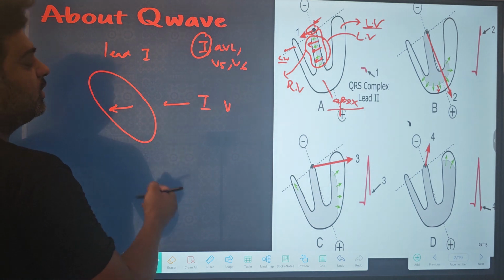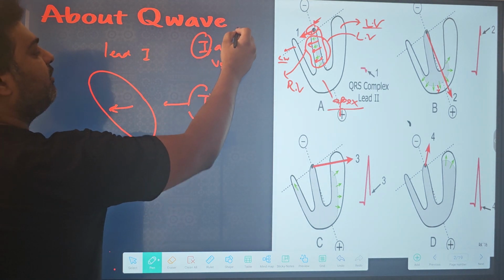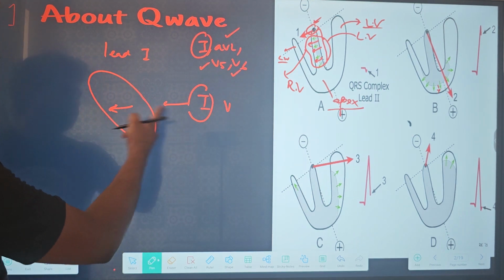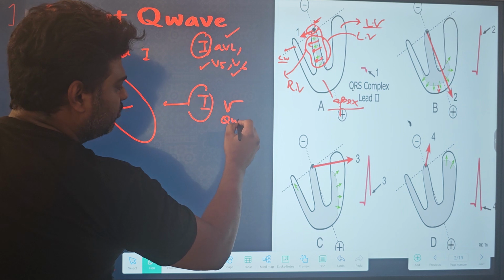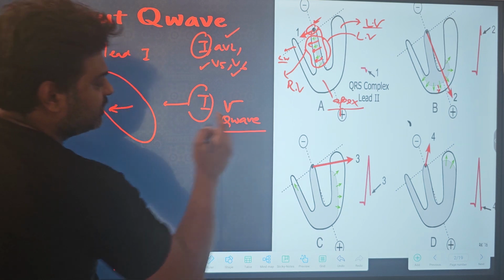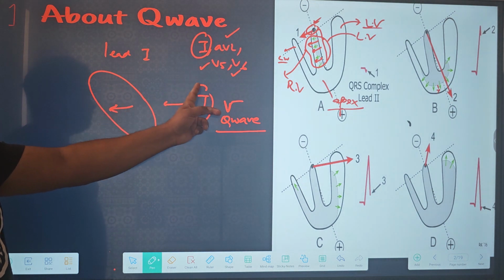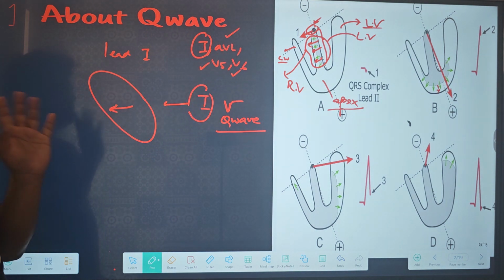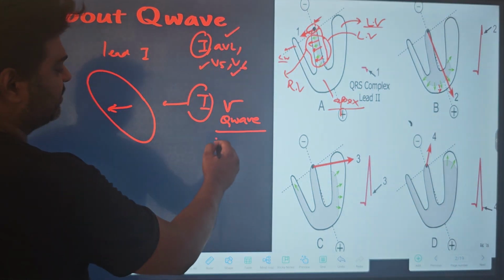So this septal depolarization is from left to the right side. So a negative deflection will be recorded by the lead 1, which is a lateral lead, and also in lead AVL, V5 and V6. So this will be a small negative deflection which will be known as Q wave. This is very important. So the cause of Q wave in lead 1, AVL, V5 and V6 is because the septum is depolarized from left side to the right side.